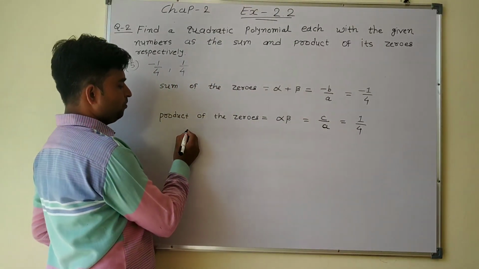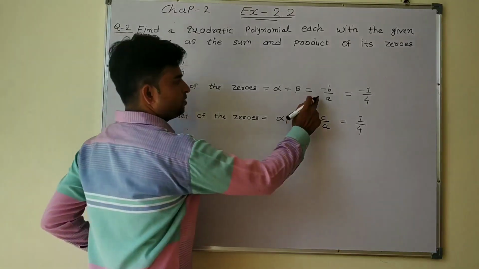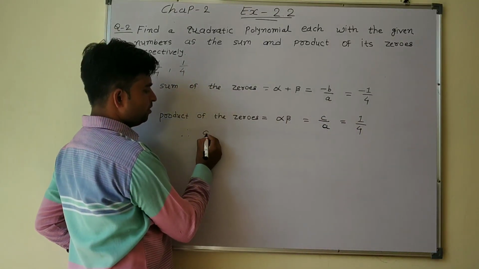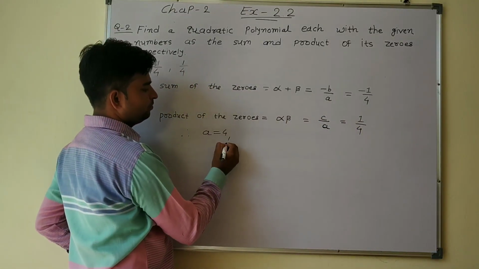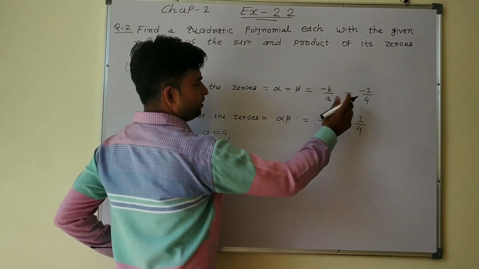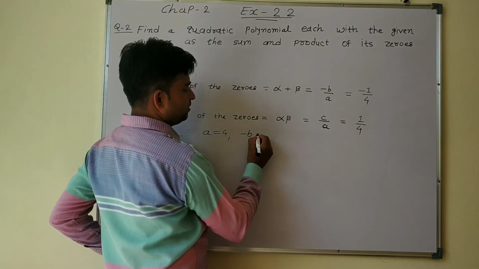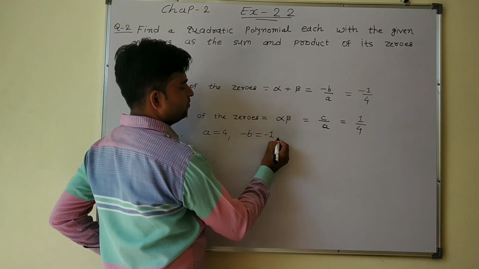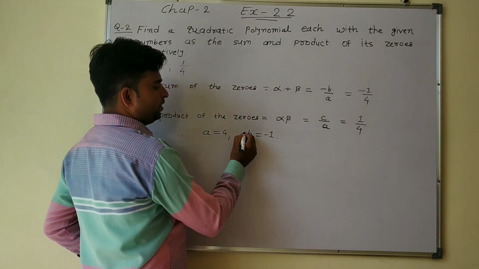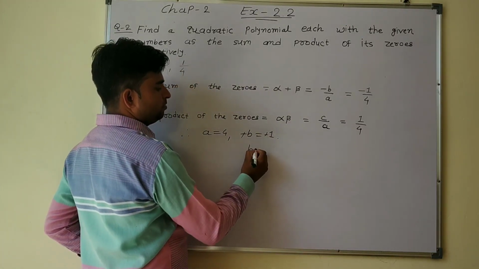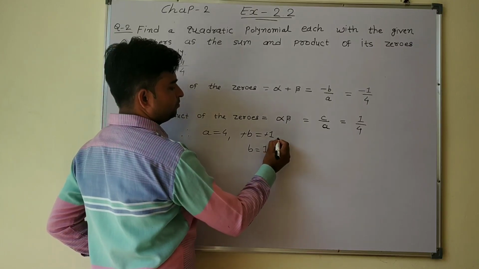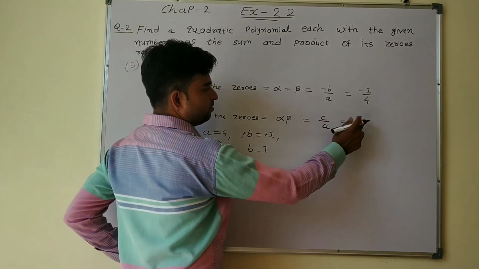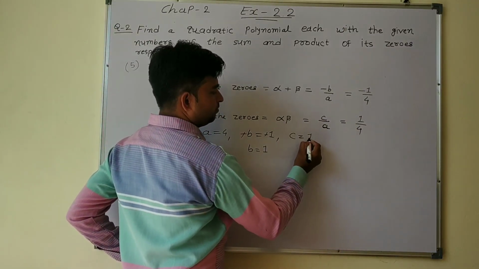So now we can compare these two. So we get the value of a is equal to 4 and the value of minus b is equal to minus 1. From here both sides minus 1 cancel, so b is equal to 1. Now c is equal to 1.